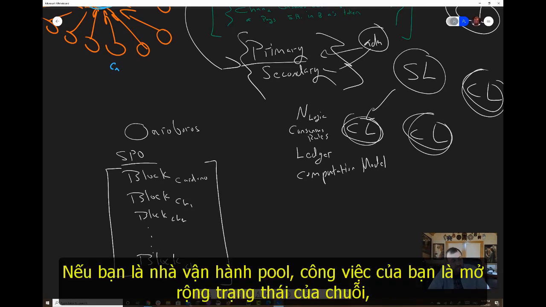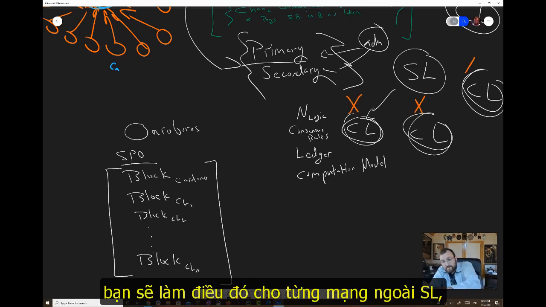So if you're a stake pool operator, when your job comes up to expand the state of the chain, you'll actually do that for each of these networks, in addition to SL.